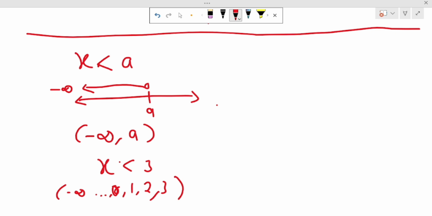So I'll leave it to you to do it for x is less than or equal to a. So this will be a closed right interval, or right closed interval, anyhow you put it.